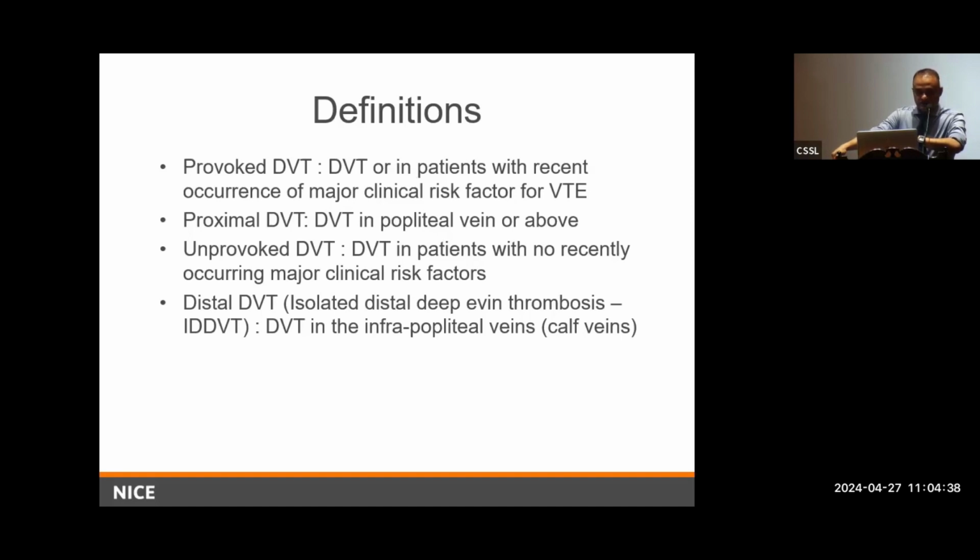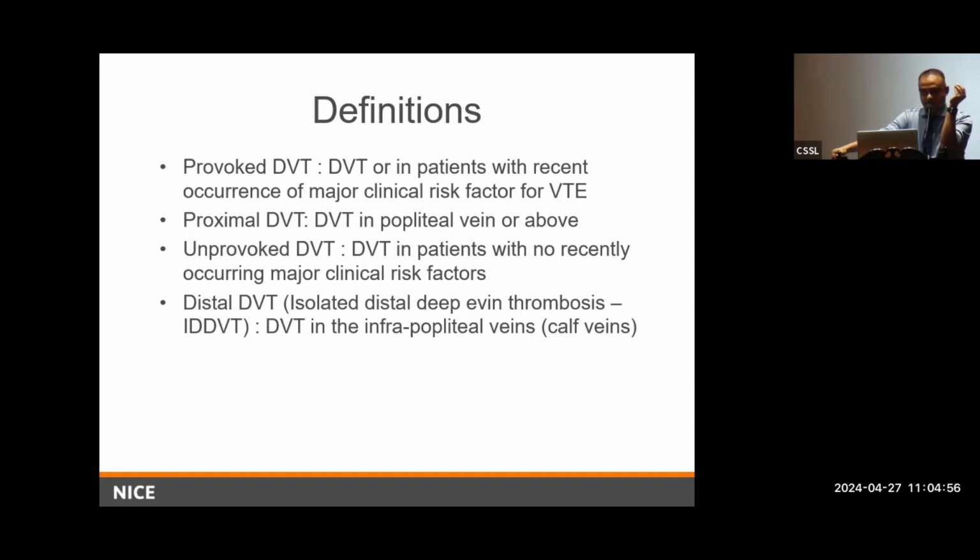So Tilina was talking about provoked DVT, proximal DVT, unprovoked DVT. So provoked DVT is basically DVT where you can definitively identify, or at least with a reasonable amount of suspicion, say there is a certain cause for this DVT.